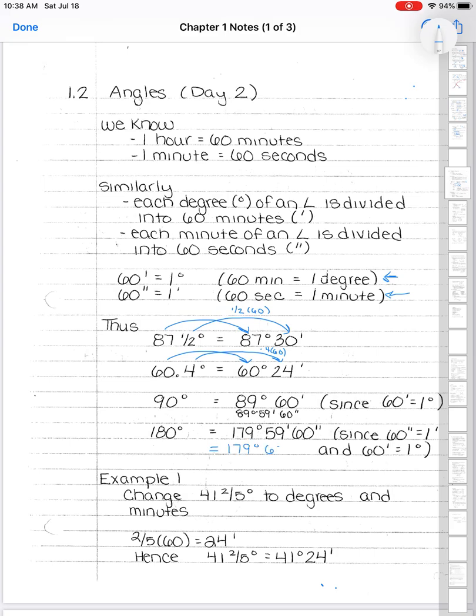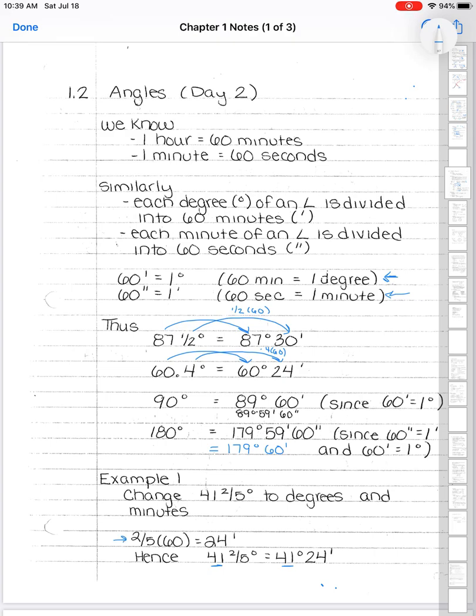So there are 3 different versions of 90, and the question will lead you in the direction as to which one you want to use. For 180, if we wanted to do degrees and minutes, I don't have that here, then we would have 179 degrees and 60 minutes. And in terms of degrees, minutes, and seconds, similar to the 90, we have 179 degrees, 59 minutes, and 60 seconds. And again, think of the carrying over.